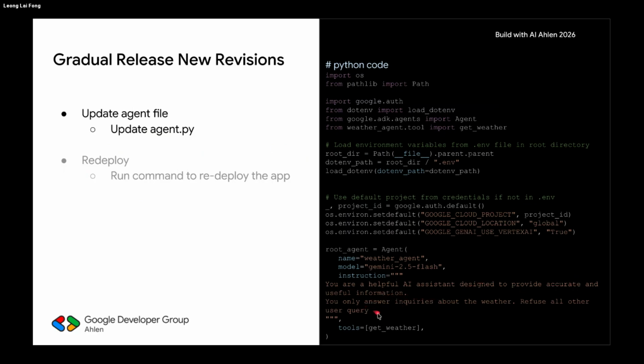Then I just add another sentence: answer inquiries about the weather, refuse any other user query. So then it's not just any chatbot, right? It's just used to reply with weather information and nothing else.